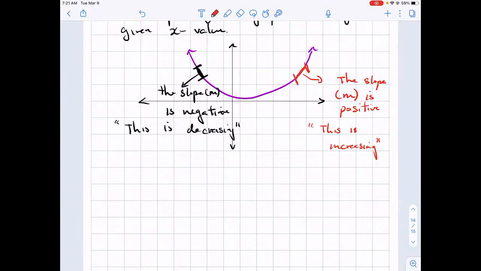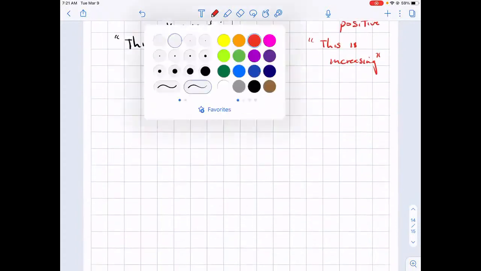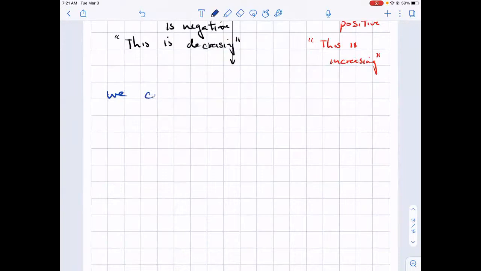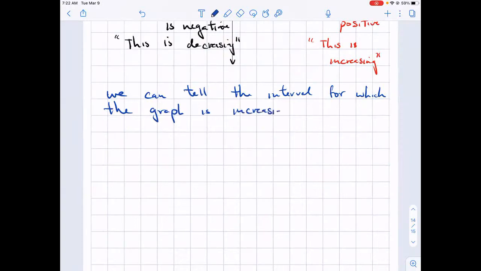So we can tell the interval for which the graph is increasing, decreasing, or constant. Okay? We can always tell where the graph is increasing, where it's decreasing, or where it's constant, always.